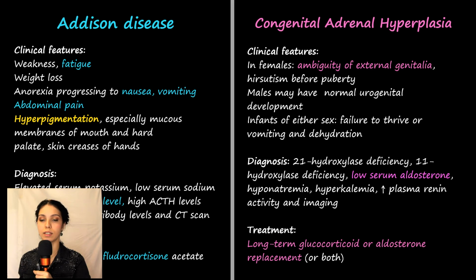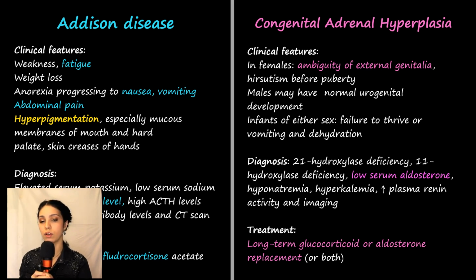Diagnosis could be 21 hydroxylase deficiency, 11 hydroxylase deficiency, low serum aldosterone, hyponatremia, hyperkalemia, and high plasma renin activity, and also use imaging for diagnosis.